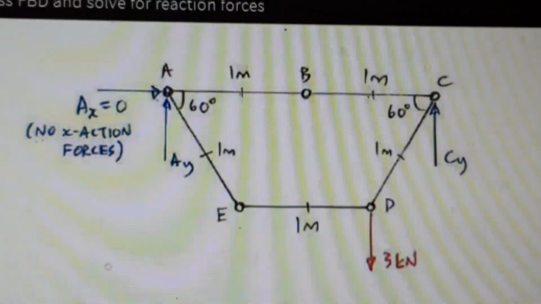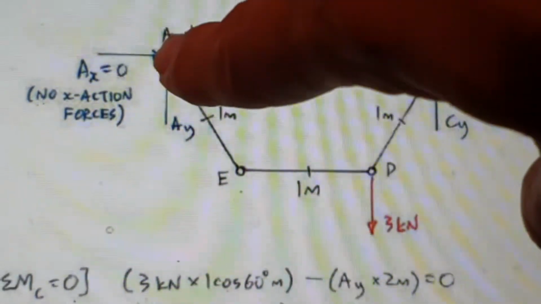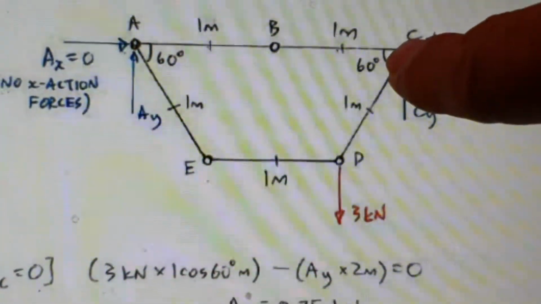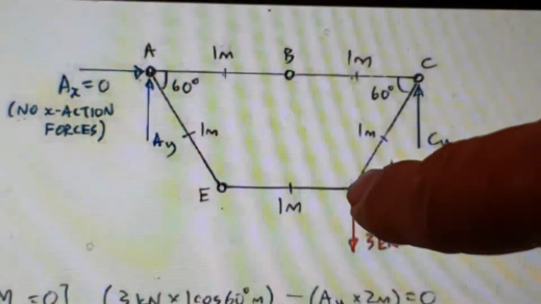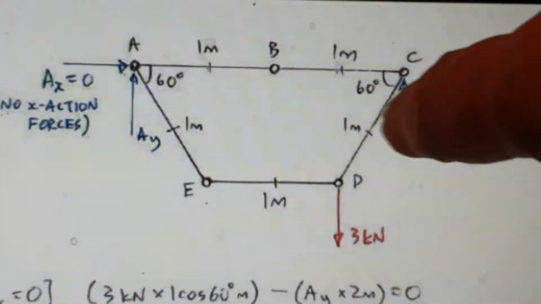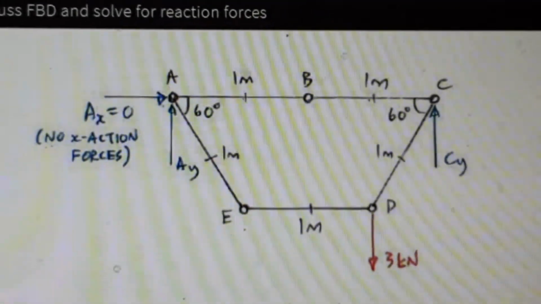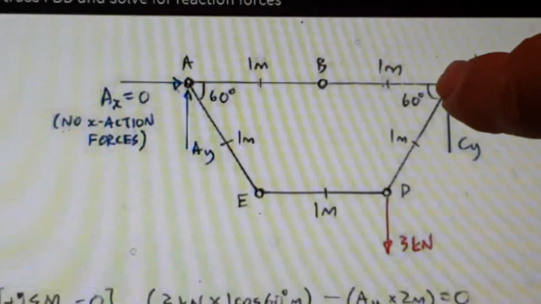Let's take either summation of moment at A equal to 0 or summation of moment at C equal to 0. You can't take summation of moment at D equal to 0 because you will have CY and AY, two unknowns and one equation. Let's get rid of one. Let's take summation of moment at C equal to 0 so we can get rid of CY.